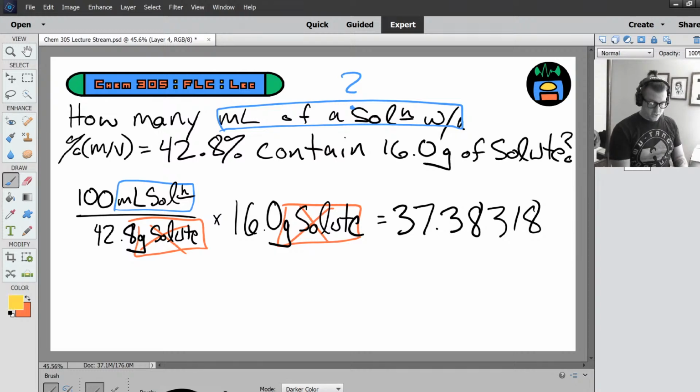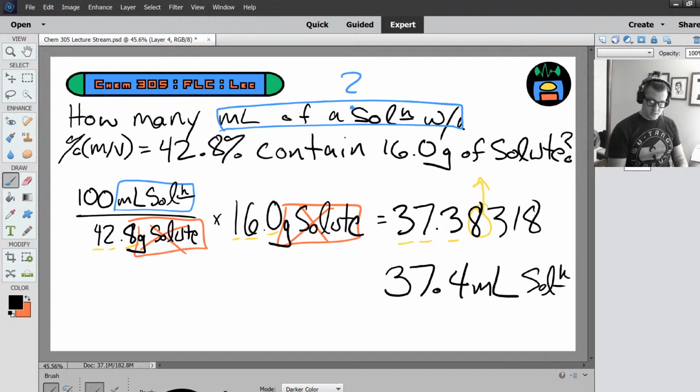We're limited here to 3 sig figs. Our mass is 3 sig figs, and our percent mass to volume both have 3 significant figures. 8 is going to round up. So the answer will be 37.4 milliliters of solution contain 16 grams of solute.